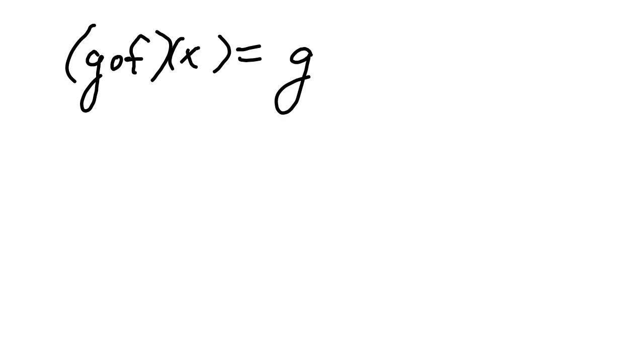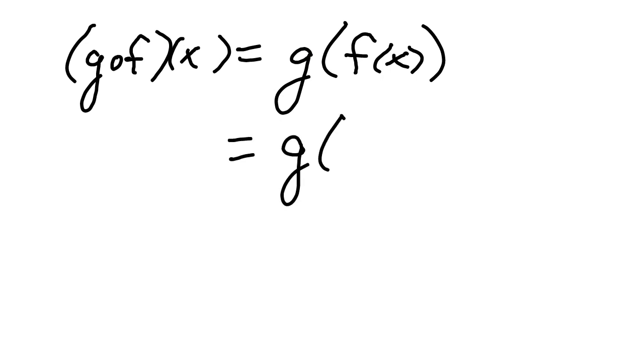So let's look at that. If I do g composed with f evaluated at x, by definition, this is going to be g evaluated at f of x. So if I'm remembering my functions right, this is going to be g evaluated at the square root of x, because that's what f was.